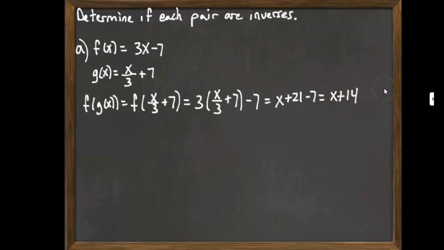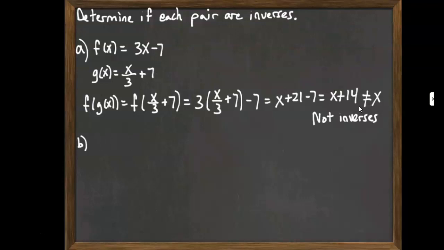However, what we need it to be is x, just a single x only, to show that the two things would undo each other, cancel each other out. You're right back to just x. But that didn't happen here. And so, therefore, these things are not inverses of each other.